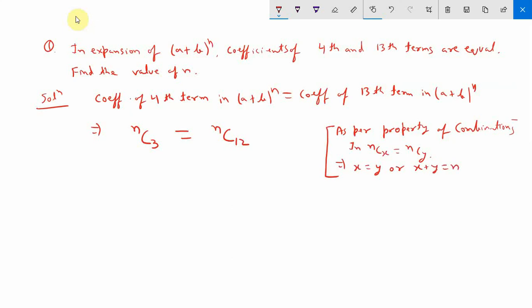This is a property of combinations. I repeat, please go through the lecture on combinations, those who have not read it. Okay, you can see this property in that chapter. So if we see here 3 is not equal to 12, so the only possibility is 3 plus 12 equal to n, therefore n will be equal to 15.